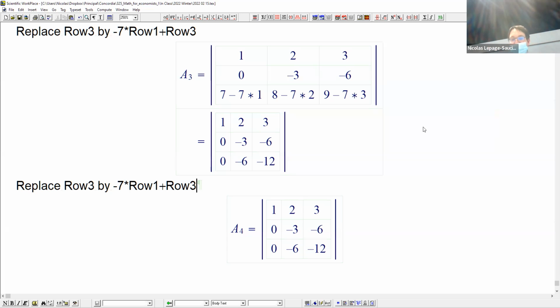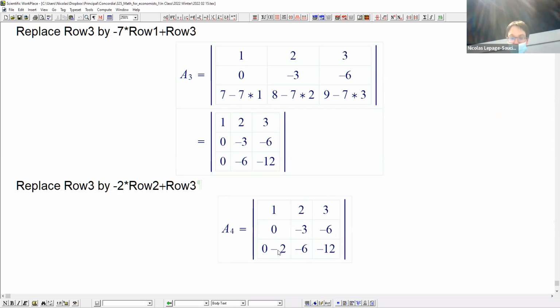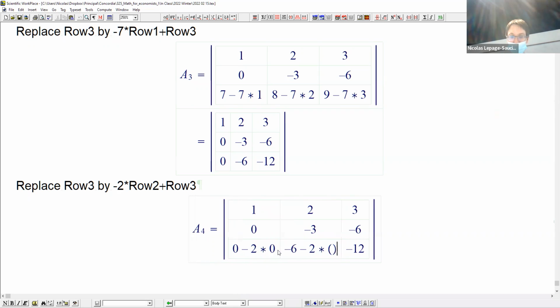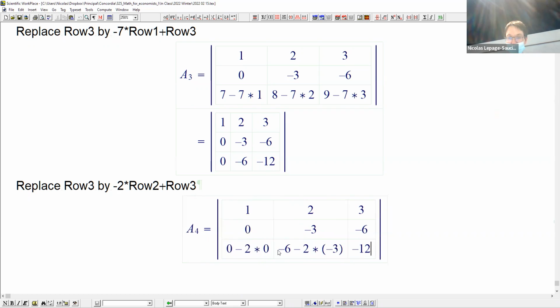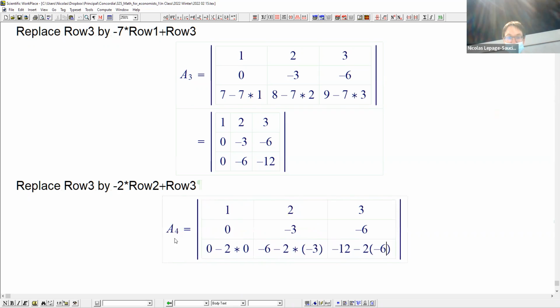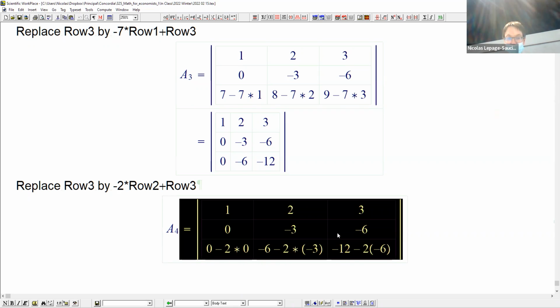Yes, exactly. So replace row 3 by -2 times row 2 plus row 3. So I get 0, -2 times 0, -2 times -3, and -2 times -6. So what do I get?